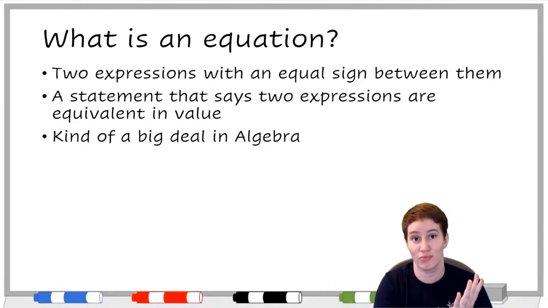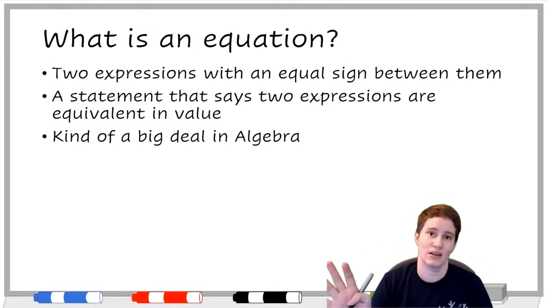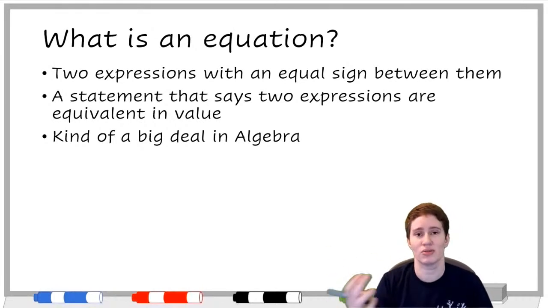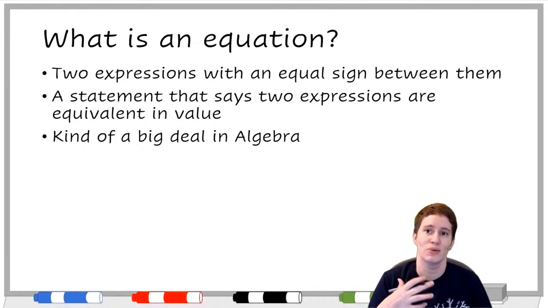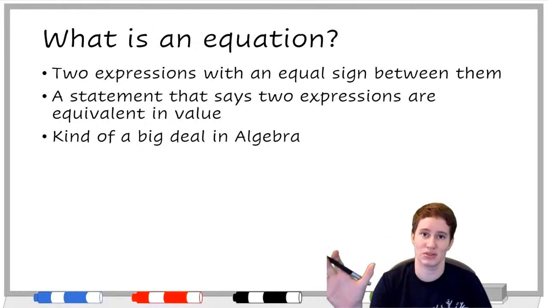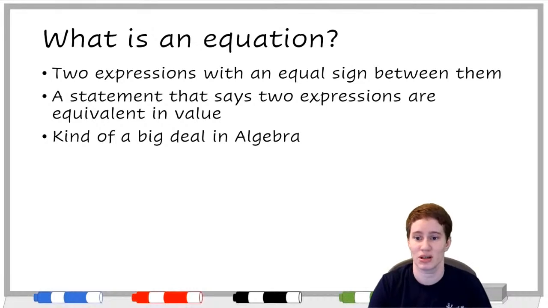Because I have my own actual name, and then I have the name that my child calls me. Those are equivalent names, sort of. That's not necessarily a great example, but it's this idea that we want to show that this equals this, so we put an equal sign in between and it becomes an equation.